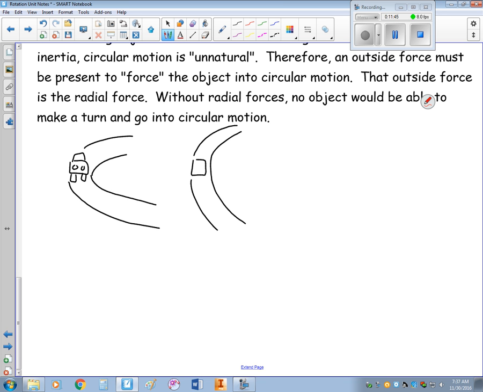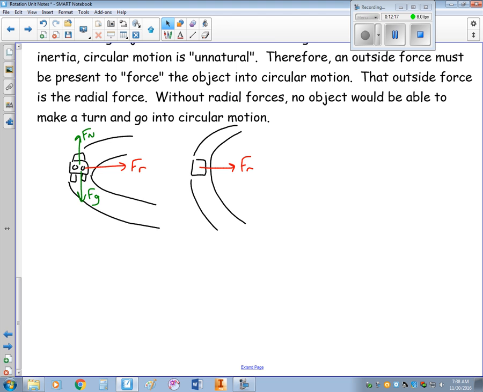And this car wishes to travel in a straight line path. So there must be some sort of radial force that is directed towards the center of that circle that is forcing the car to make a turn. Some other forces acting on this car would be like a normal force from the ground, a gravitational force, and really that's it. That's the only forces acting on this car.